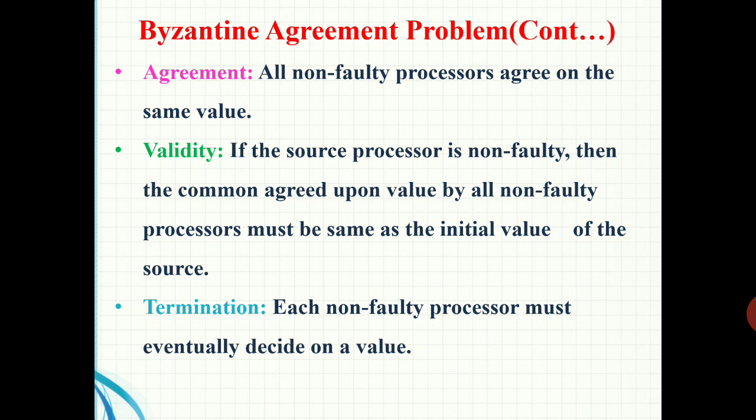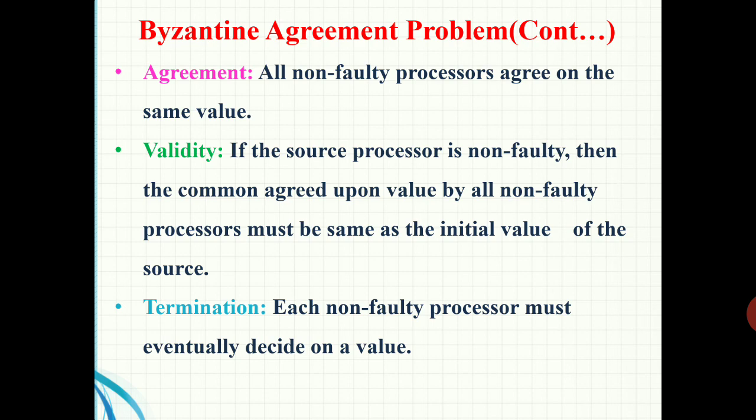Then come to the second objective, that is validity. If the source processor is non-faulty, then the common value agreed upon by all non-faulty processors must be the same as the initial value of the source. That is the validity of that particular solution.